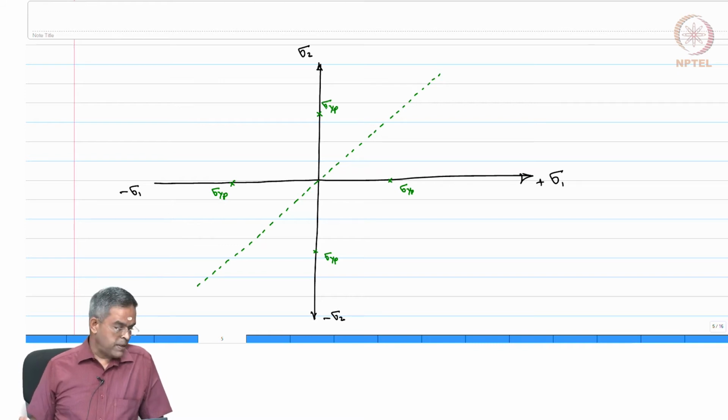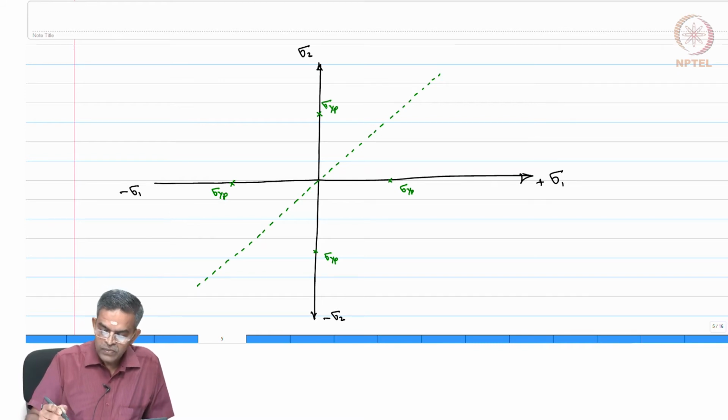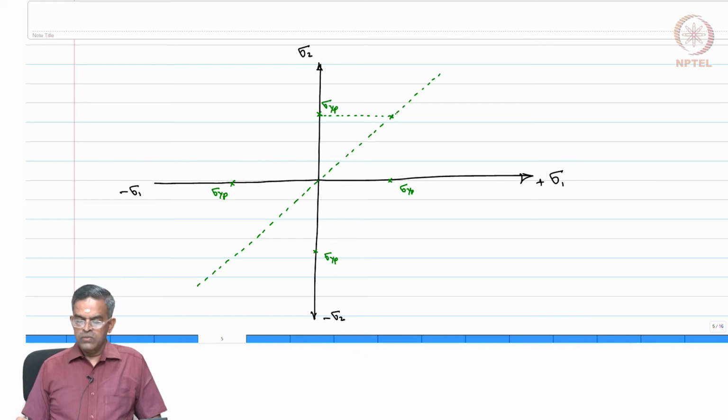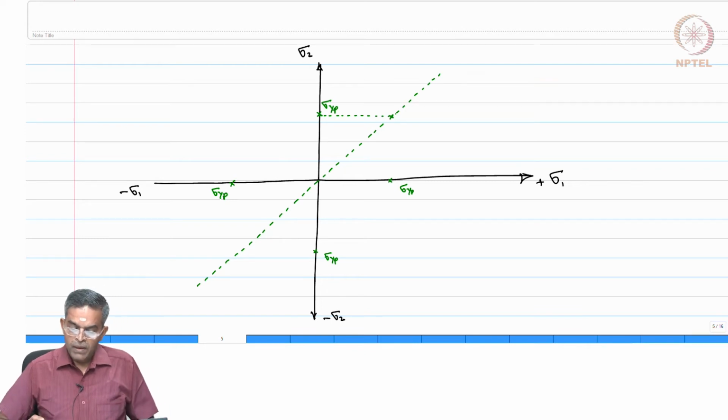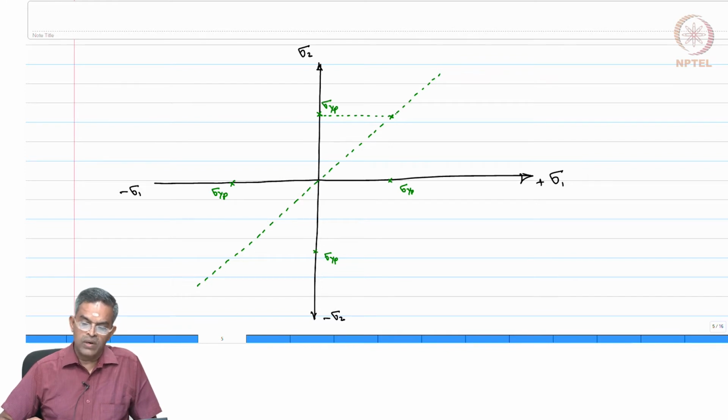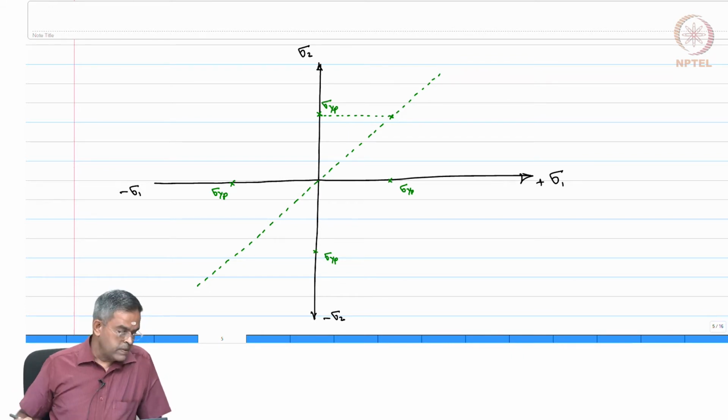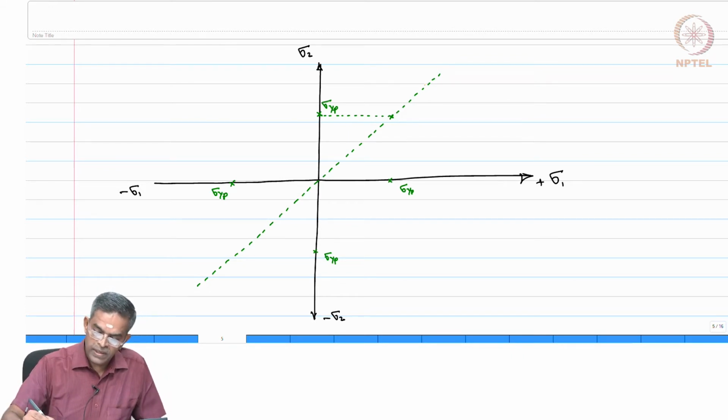So, ideally speaking, this value should be sigma yp, but for sigma 1 and sigma 2 both being tensile, that is the first quadrant, I am getting sigma 1 more than sigma yp. So, let us take that point as somewhere here.